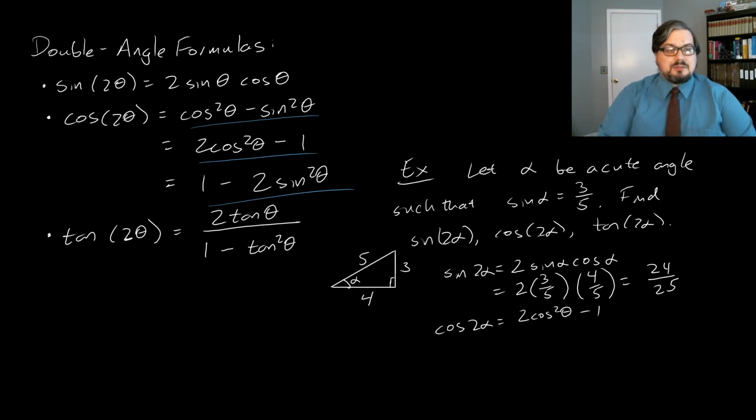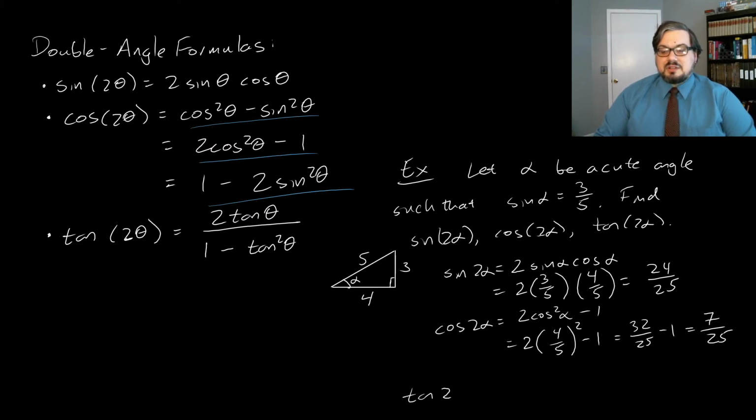Cosine of 2 alpha is 2 cosine squared alpha minus 1, which is going to be 2 times, now cosine was 4/5, and then we square that. So 4/5 squared is 16 over 25, so that'll be 32 over 25 minus 1. 1 is 25 over 25, and so we get 7 over 25.